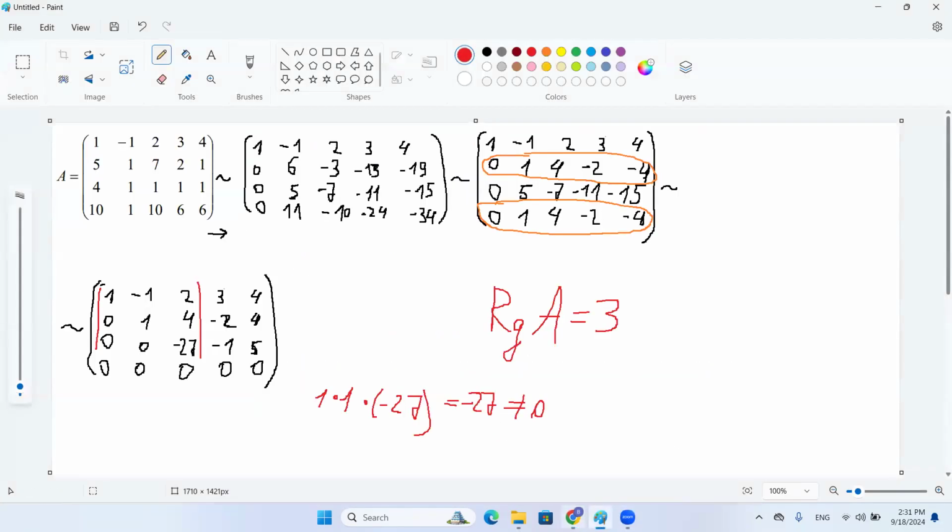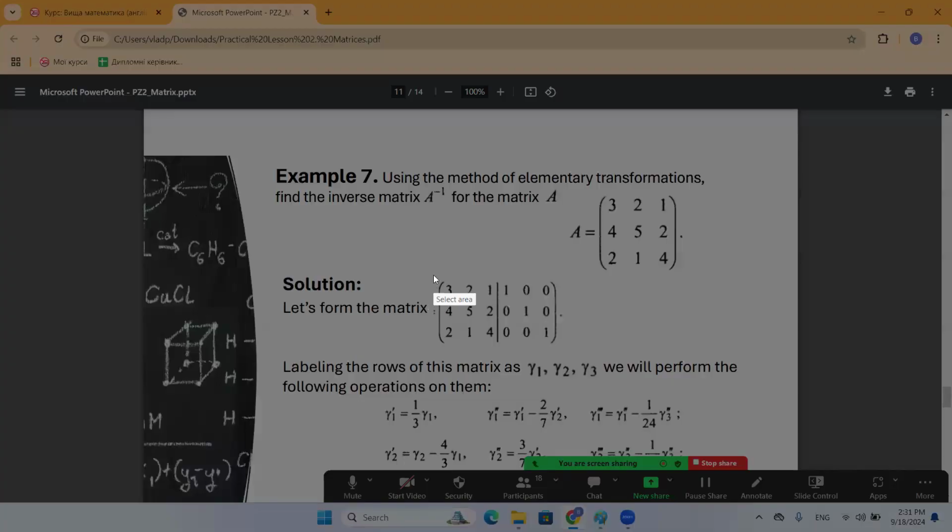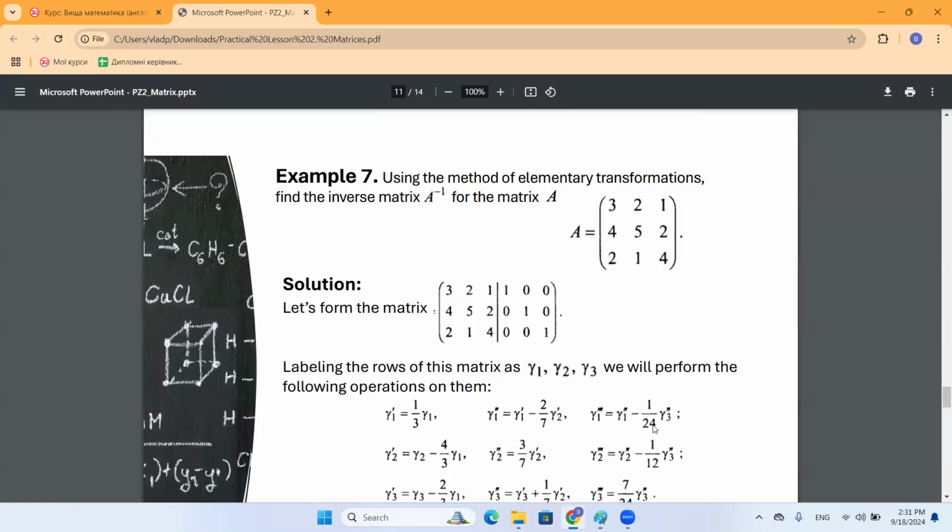And now let me just share the screen. Now I will explain what we are going to do. Here is our matrix A. We need to find its inverse, and we do the following. We expand our matrix: on the right side we have the identity matrix, and we use elementary transformations.